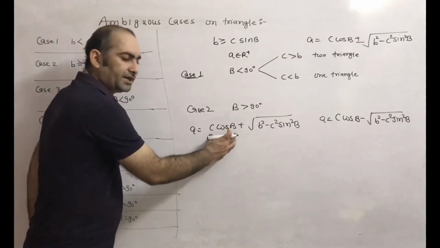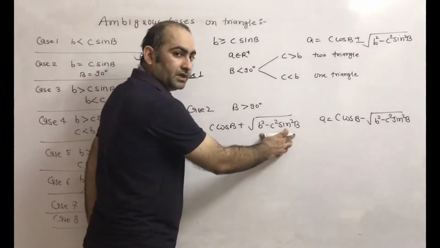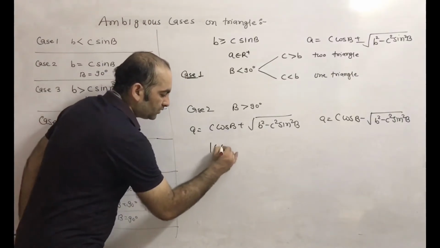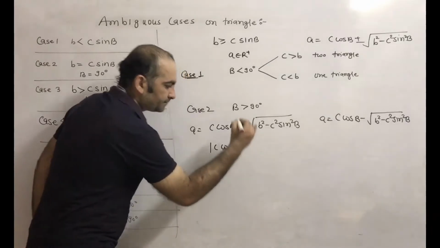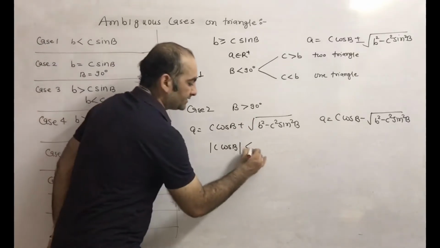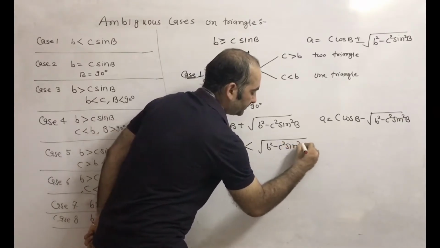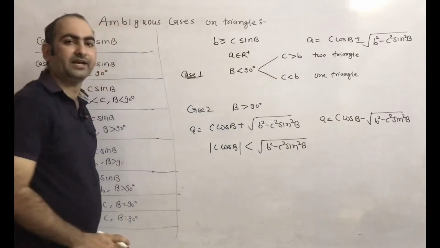So this is negative and this is positive. That means triangle is possible if modulus of c cos B is less than root over b square minus c square sin square B. Then only triangle possible, otherwise triangle is not possible.